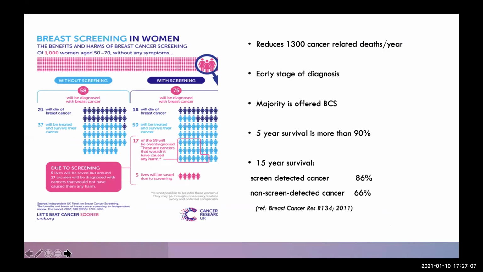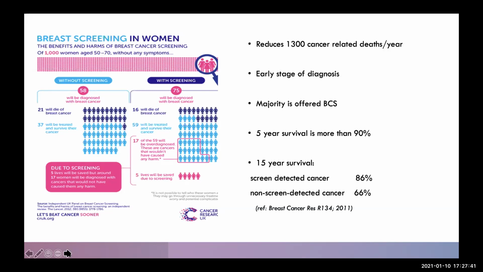Without screening, 21 of these women will die from cancer, whereas with screening, only 16 will die. So altogether, out of the 1,000 women screened, we are saving 5 lives. What we know is that screening reduces cancer-related deaths because it can detect breast cancer at a much earlier stage, and the majority of these women are offered breast conservation surgery.